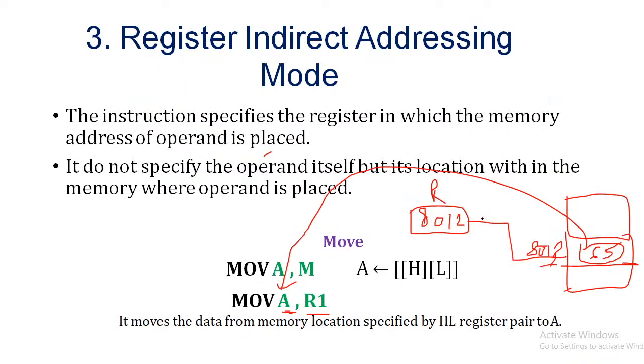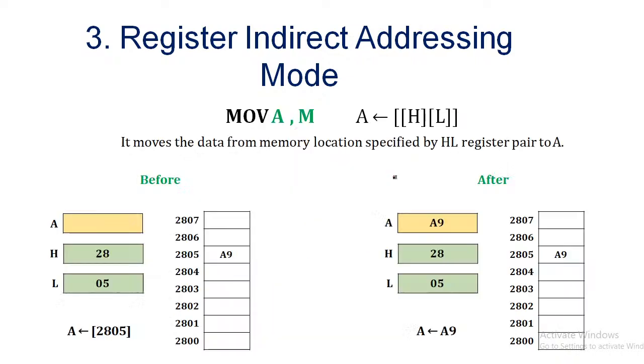But for register indirect this will point to one address in the memory, that address will contain some operand, and that operand has to be fetched to the accumulator.